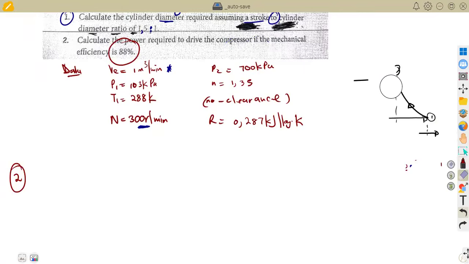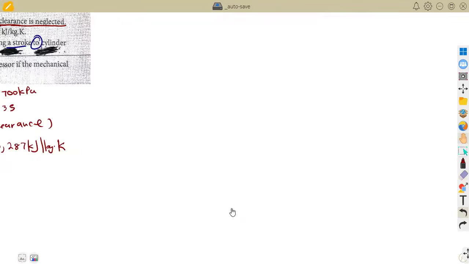Whenever you have efficiencies, there are different efficiencies that you're going to calculate in your syllabus. The efficiency part does not change: always output over input.